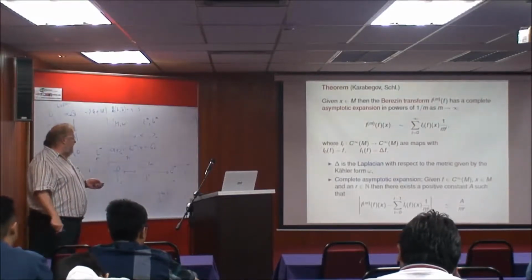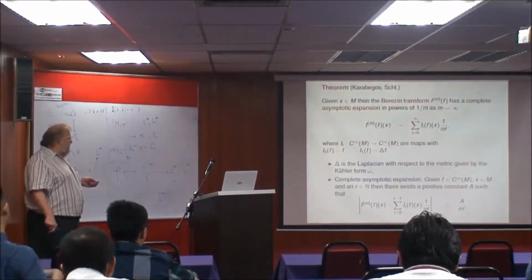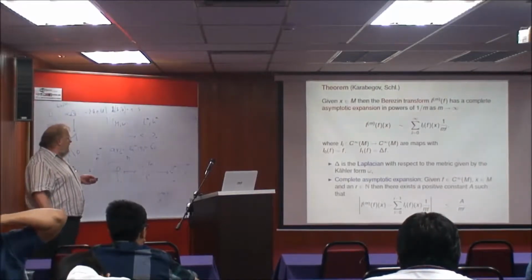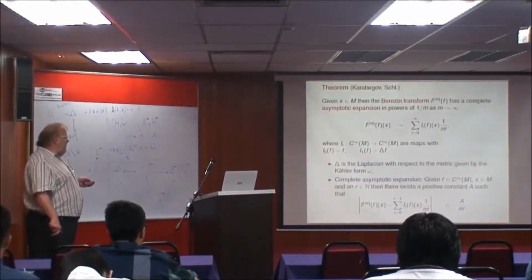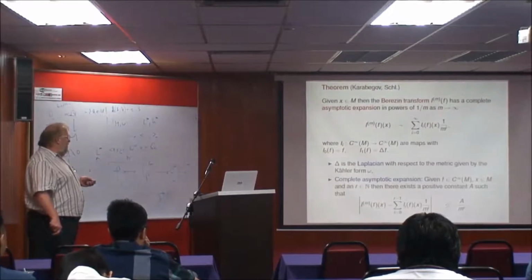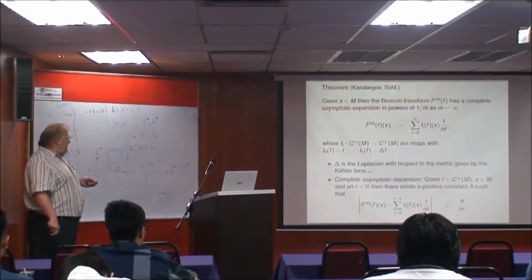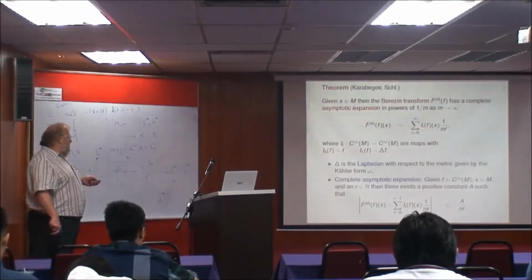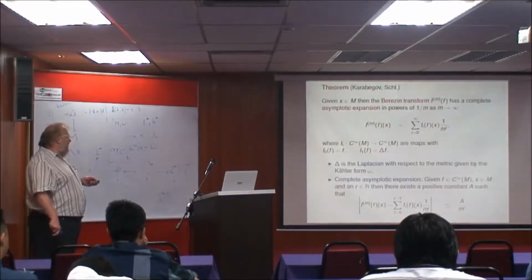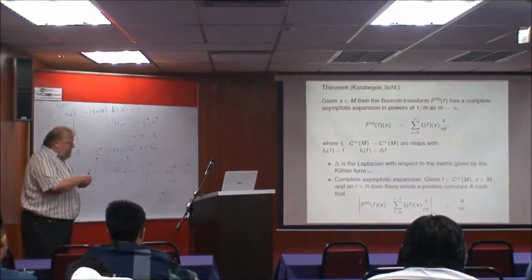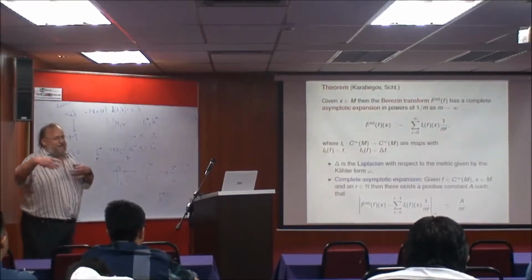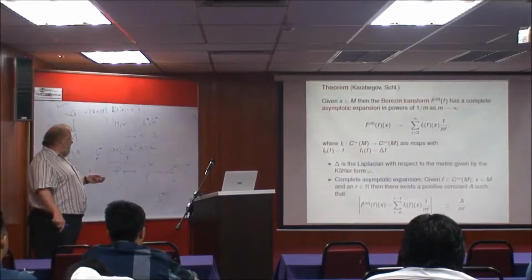Then I have the statement that this has a complete asymptotic expansion in powers of 1 over m as m goes to infinity. It can be written asymptotically as an infinite sum, where these are linear forms on the functions, linear maps on the functions, so again function to function, and then evaluated at x.